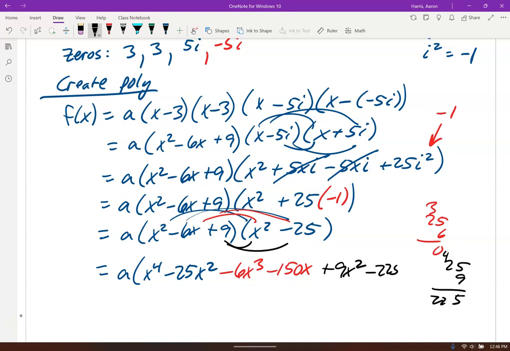9 times, oh my gosh, you guys, I'm sorry. Negative 25. I missed my sign right here. Negative 5 times positive 5 is a negative 25 times that i squared, which is negative 1. I'll make that a positive. Sorry about that.